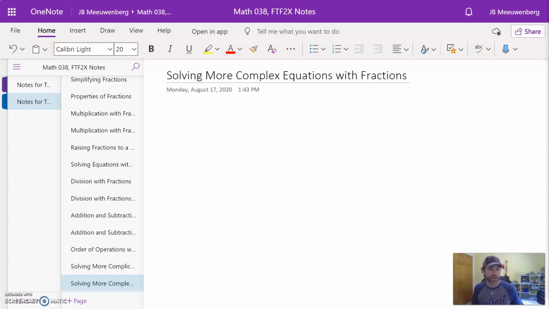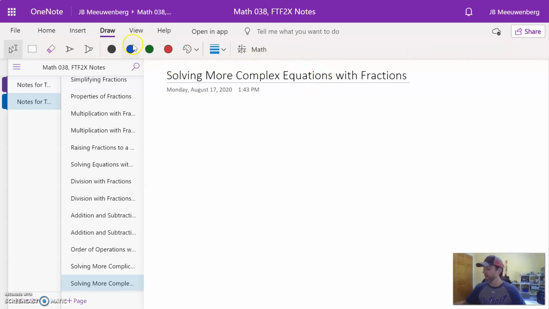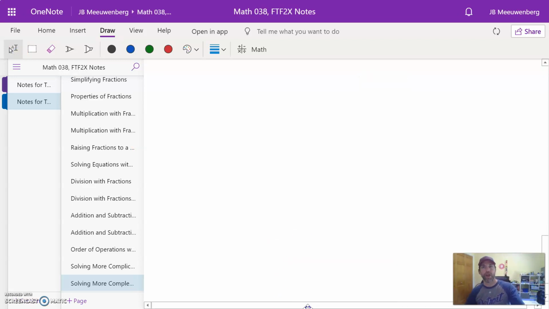Now that we have talked about equations and we know how to solve them, and we've talked about fractions and we know how to do all the operations with them, we get to start putting them together. So we are going to start by solving some equations that have fractions in them.